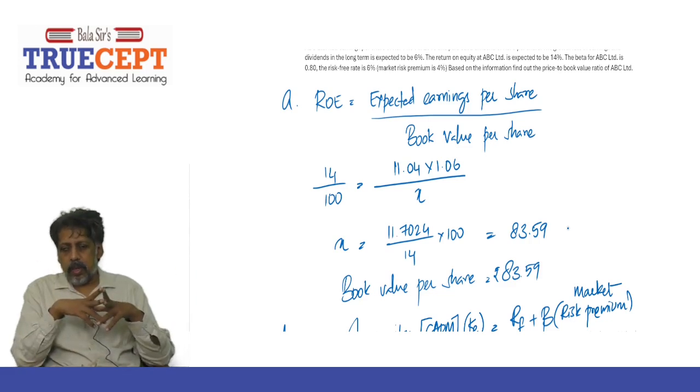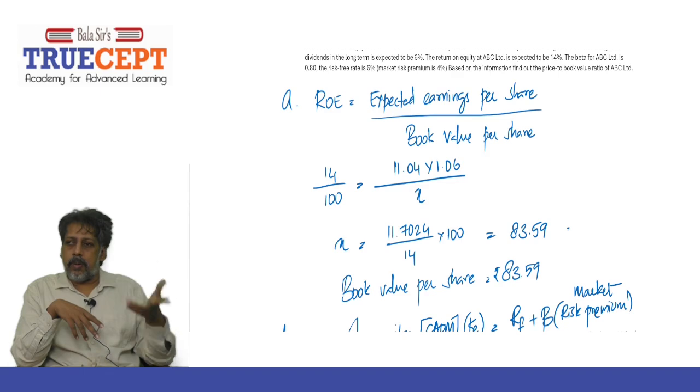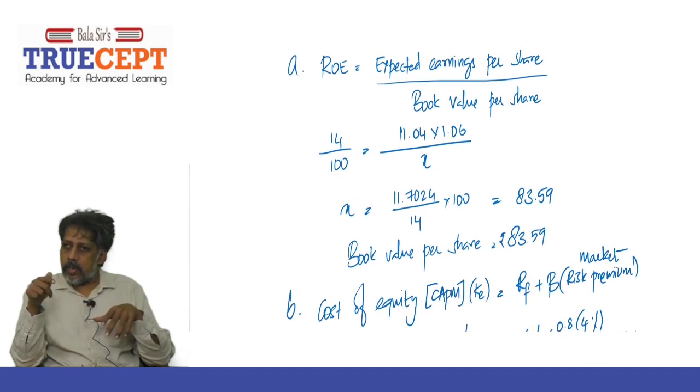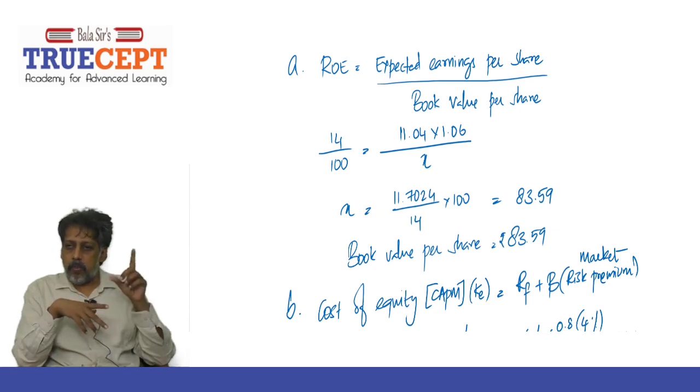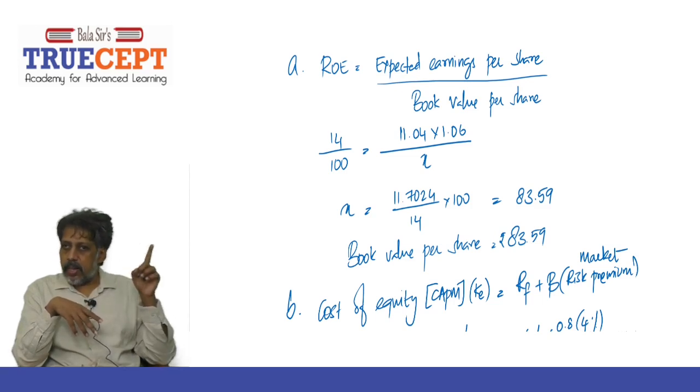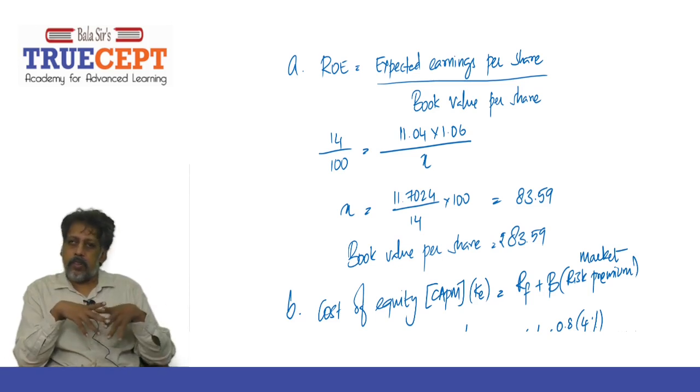So 14 by 100 equals, we know the current earnings are 11.04 rupees, into 1.06, nothing but 1 plus the growth rate. This 0.06 is 6% growth in earnings. So 11.04 into 1.06, and then you divide that by book value per share, which we don't know but can calculate.